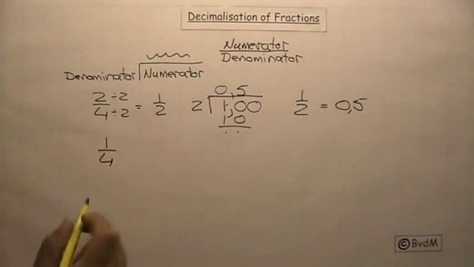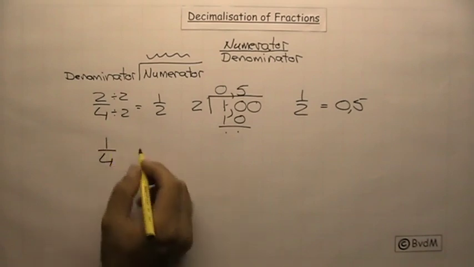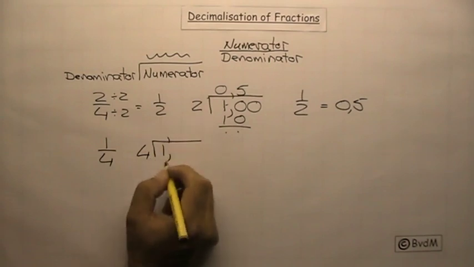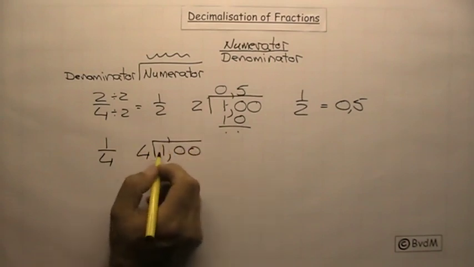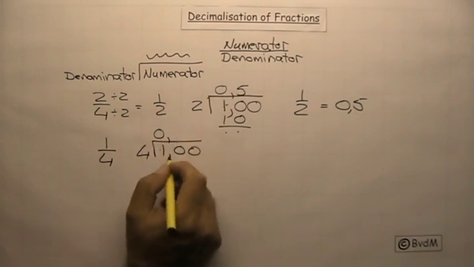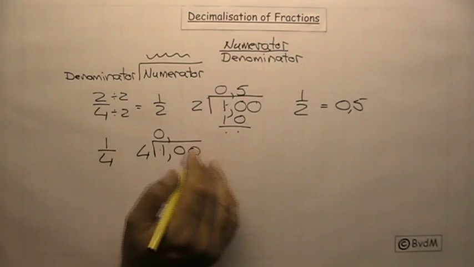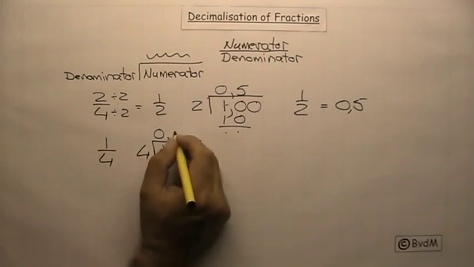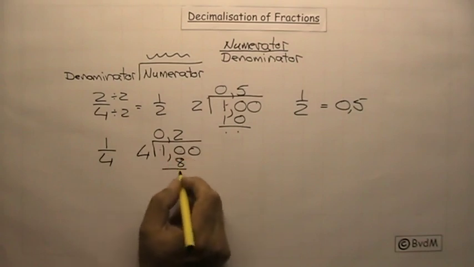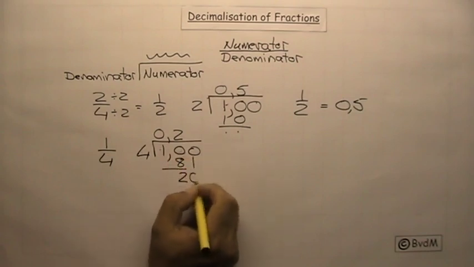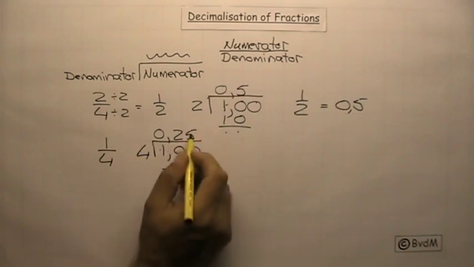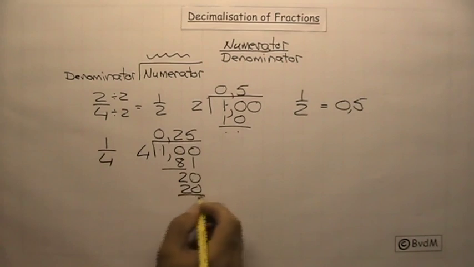A quarter. This is 1 divided by 4. 4 goes into 1, put a comma, put noughts. 4 can't go into 1, put nought. 4 can go into 10, remember, I'm forgetting the comma now, I'm ignoring it. 4 can go into 10 twice, 2 times 4 is 8. 10 minus 8 is 2, I must bring that nought down. 4 goes into 20 5 times, 5 times 4 is 20.